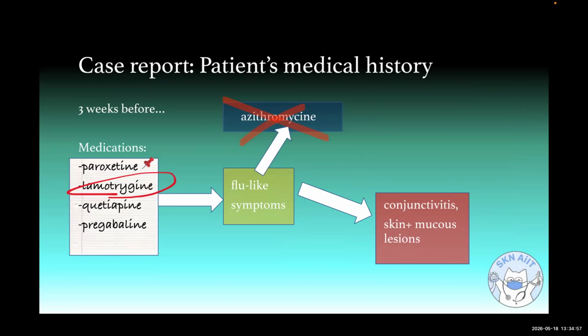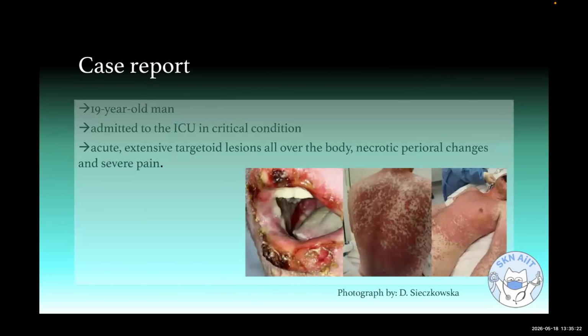After several days, he developed flu-like symptoms and conjunctivitis. At that time, an infection was suspected, so he was treated with azithromycin, but the symptoms did not resolve. He developed skin lesions all over his body and perioral necrosis, as you can see in this image.